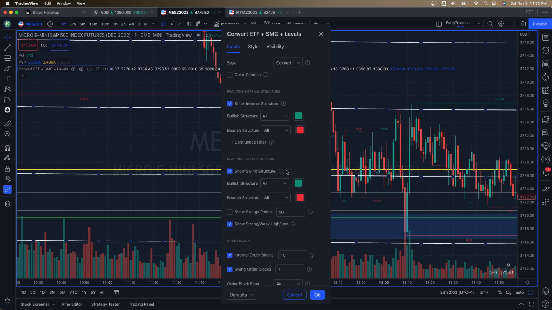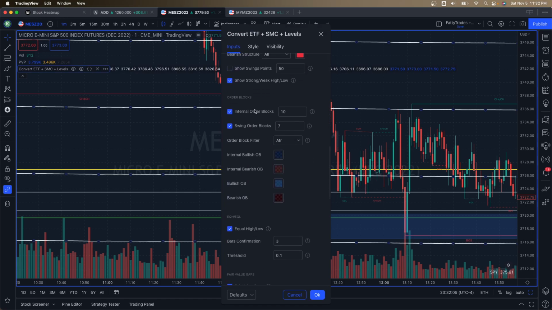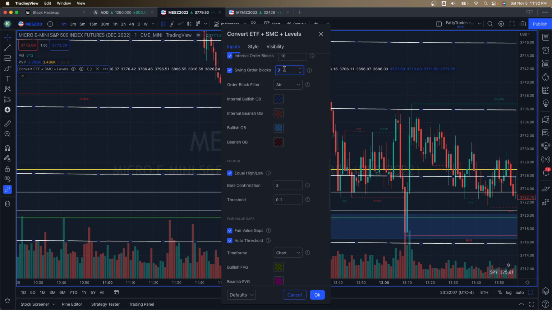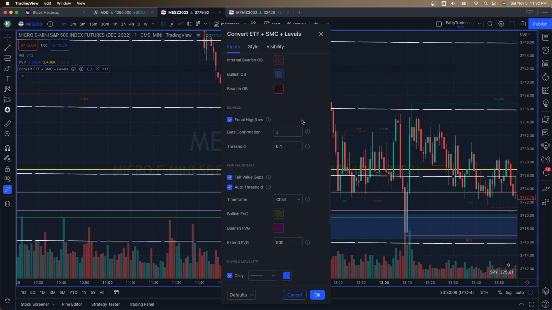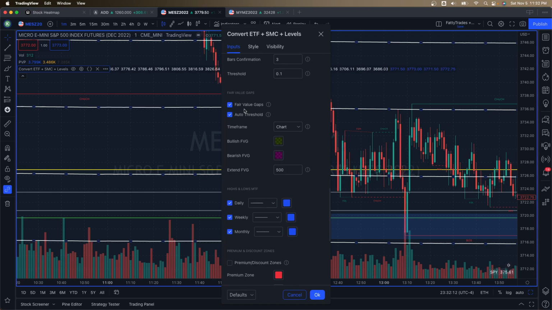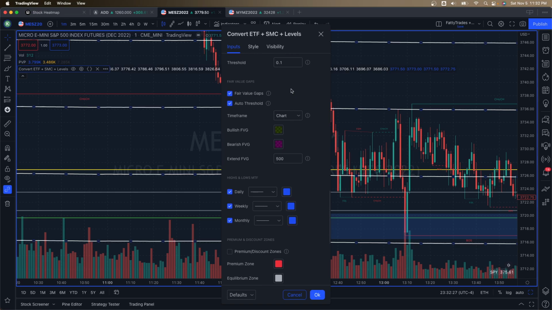The other configurations we have here are, actually this should be 10. We can set fair value gaps, which are very useful. Those get created whenever buyers or sellers are in complete control and we get large candle moves up or down. Those fair value gaps can oftentimes act as support and resistance, which I can show you examples of shortly.